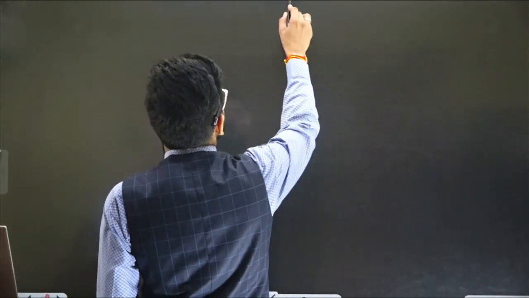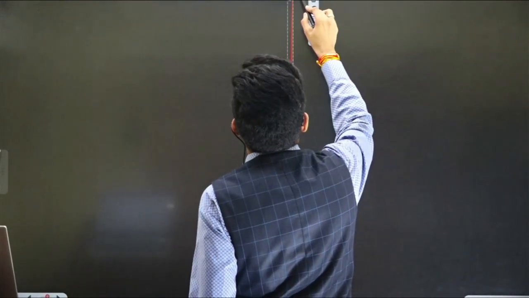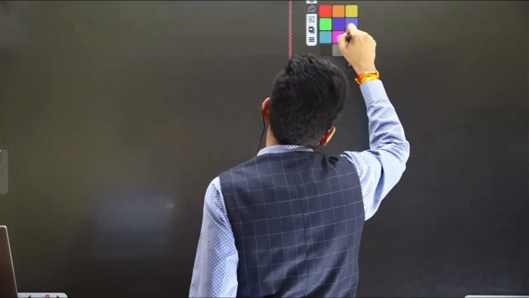Part B says when price discrimination doesn't take place. You are selling the products at the same price in all the markets.